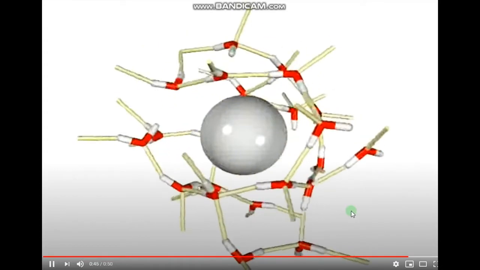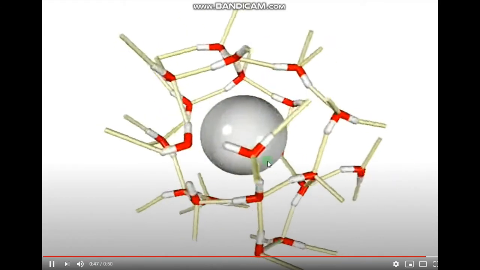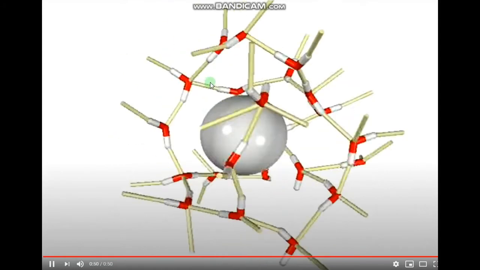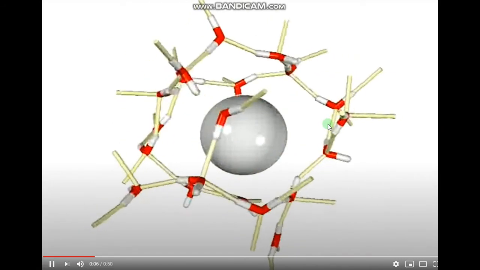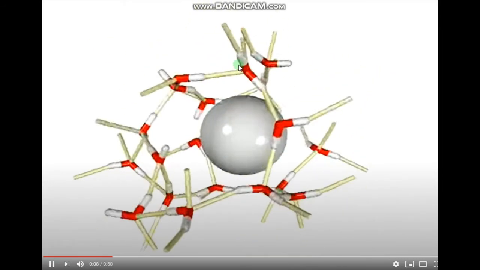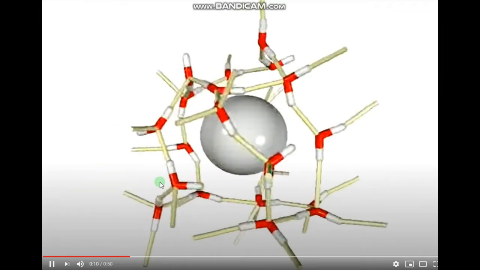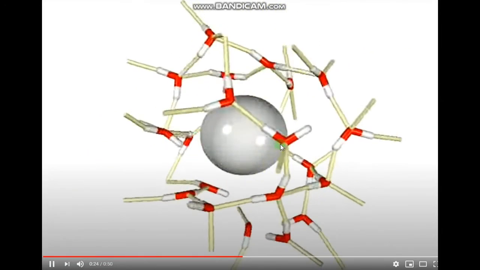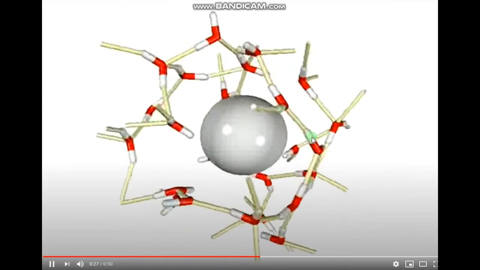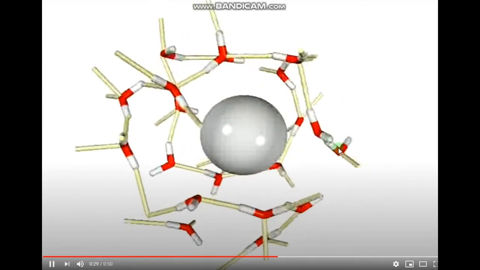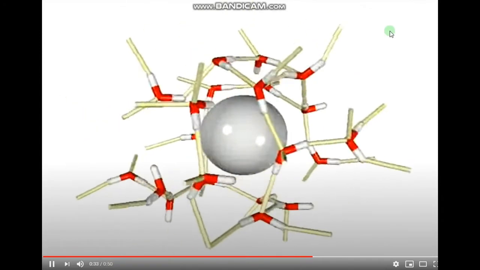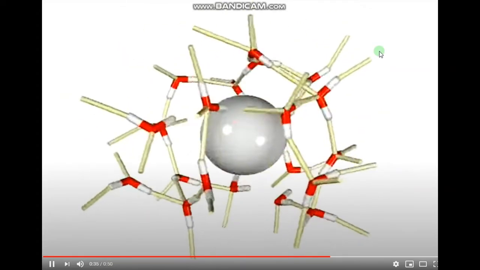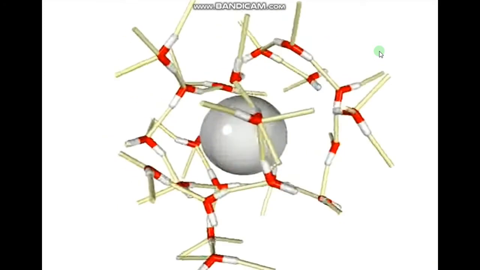So, what you can see, and the important point about this, is that the water molecules effectively make a cage around the xenon atom. It's called a clathrate cage. And the molecules immediately forming the boundary layer, you can see, if you look at this one, for example, that it is actually forming between 3 and 4 hydrogen bonds most of the time, just as it would do in normal liquid water.